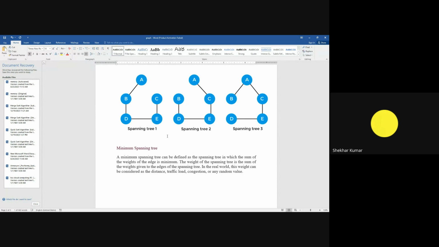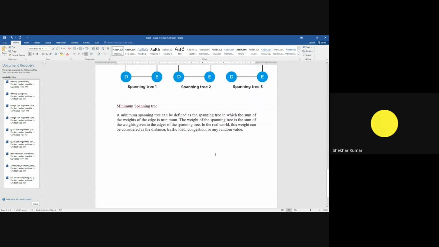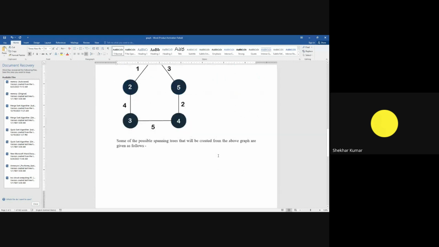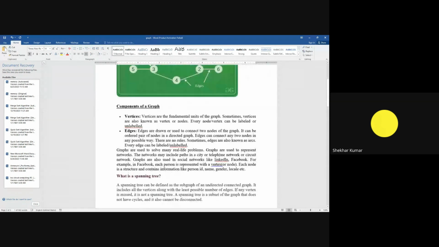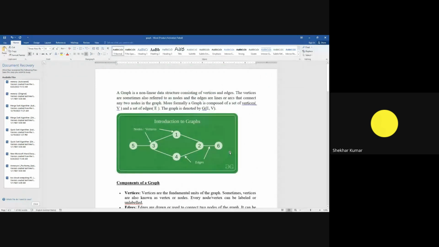And the minimum spanning tree is the one spanning tree whose cost is minimum. If the cost is minimum, then that is your minimum spanning tree. Is it clear? These are the basics of a graph and the spanning tree.